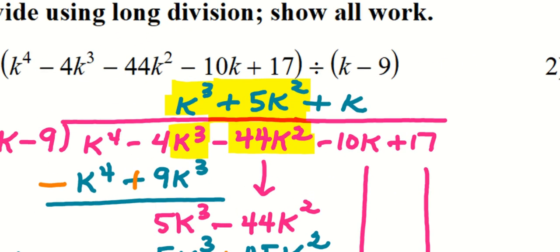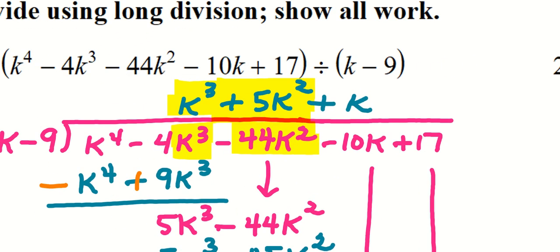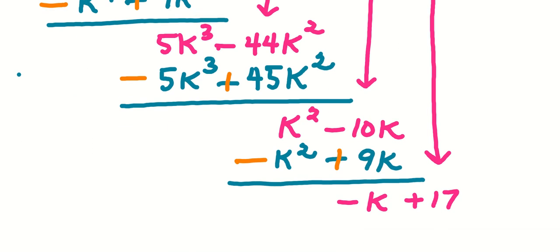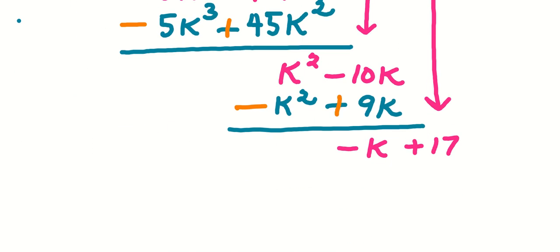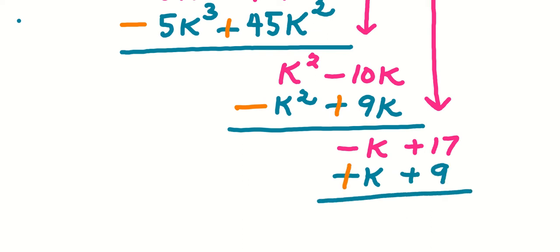So we're going to put a minus 1 right there above the 17. Going to distribute that minus 1 to k minus 9, giving me a negative k plus 9. But remember, we have to change those signs. And that's going to give me a positive 8 as my remainder.